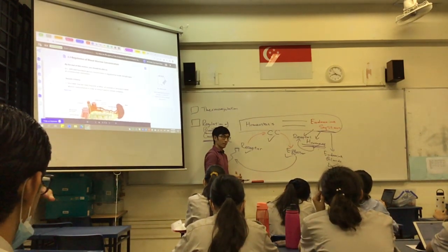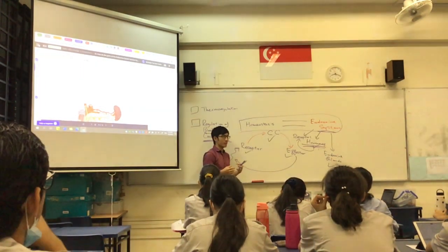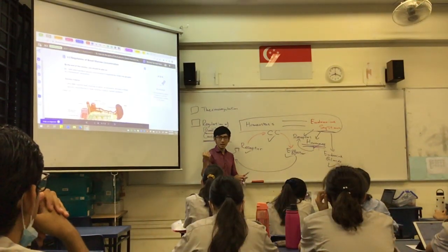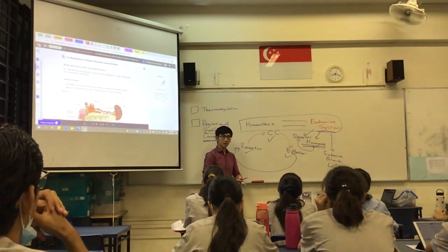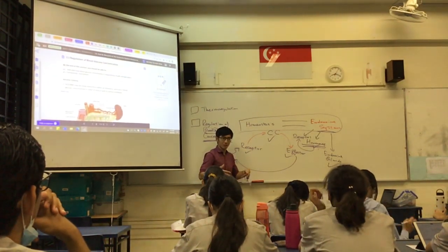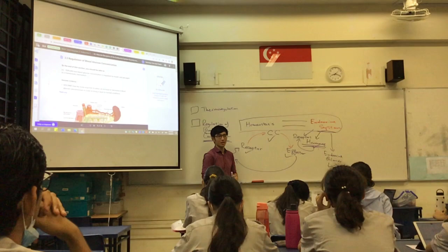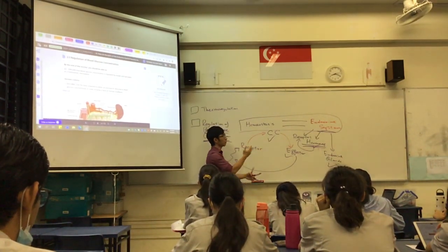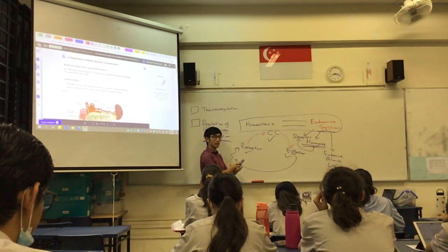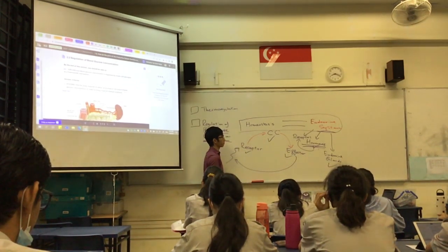Can. For example, when you see a madman running with a knife towards you, you start producing the hormone adrenaline. It's not homeostasis at work. It's just getting you hyped up so that you can run away from the assailant. Yeah. So the endocrine system is not necessarily always used for homeostasis. It's a means for communication.